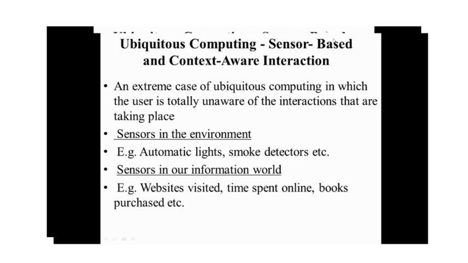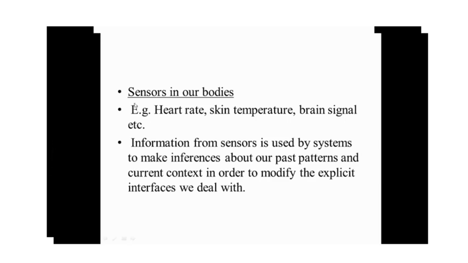Ubiquitous computing: sensor-based, context-aware interaction. An extreme case of ubiquitous computing is one in which the user is totally unaware of the interactions taking place. Sensors in the environment: automatic lights, smoke detectors, etc. Sensors in our information world: websites visited, time spent online, books purchased, etc. Sensors in our body: heart rate, skin temperature, brain signals.